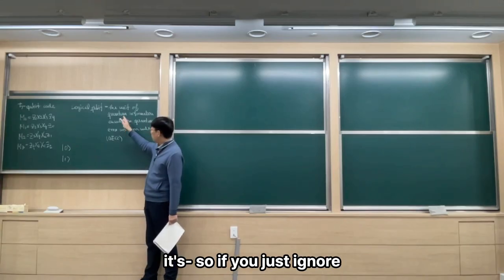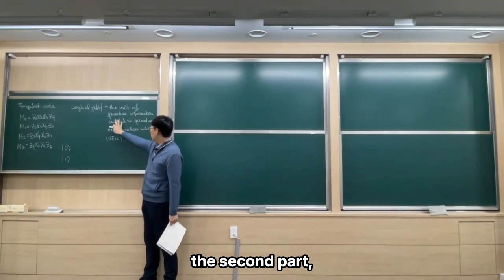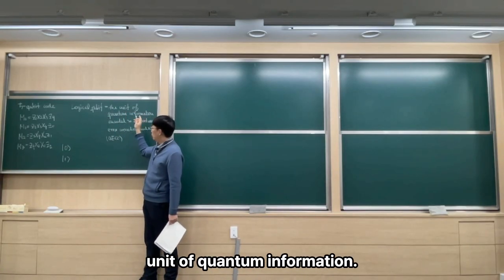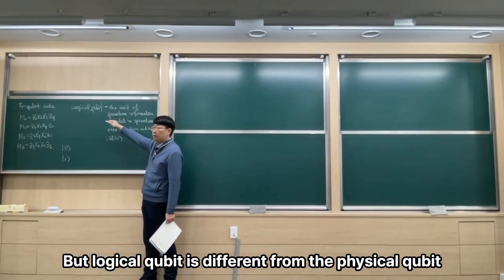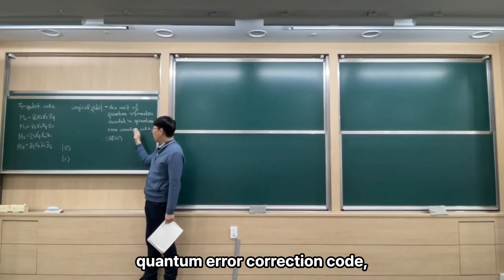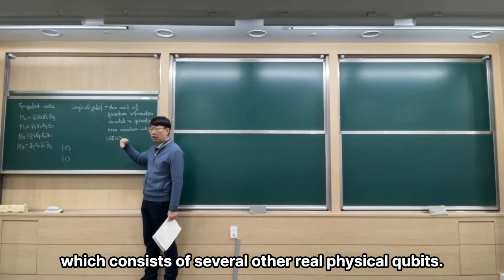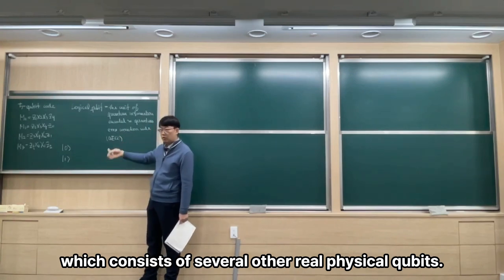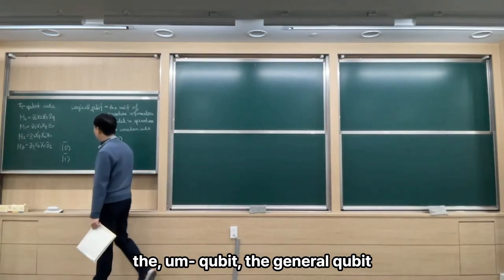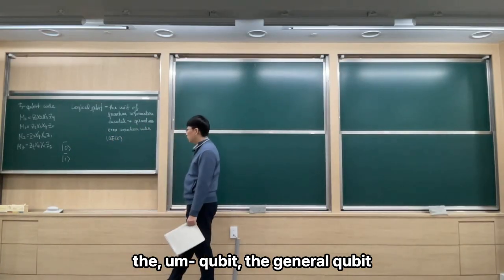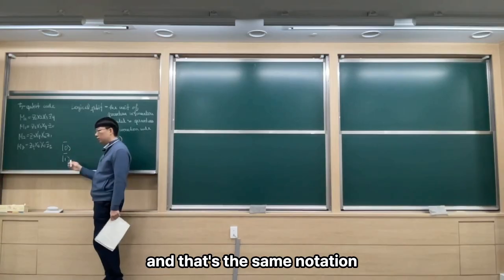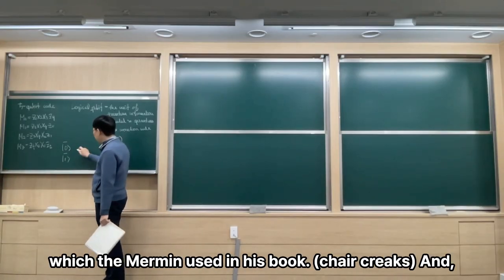If you just ignore the second part, the logical qubit is just a qubit, a unit of quantum information. But a logical qubit is different from a physical qubit because it's encoded in a quantum error correction code, which consists of several real physical qubits. To distinguish the general qubit from the logical qubit, I'm going to put a bar, which is the same notation Mermin used in his book.